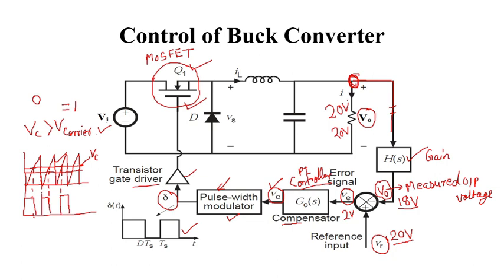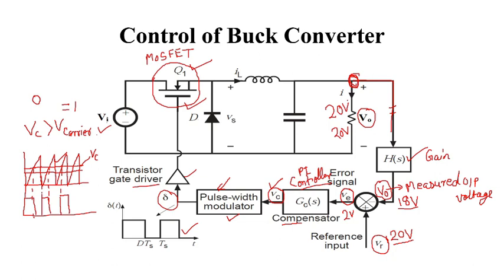Now the measured output voltage is compared with the reference one, and the error signal is generated after feeding to the controller. Depending upon the error signal, this controller will give the reference signal, and then the reference signal goes to the pulse width modulator as an input, where it is compared with the high frequency carrier waves.